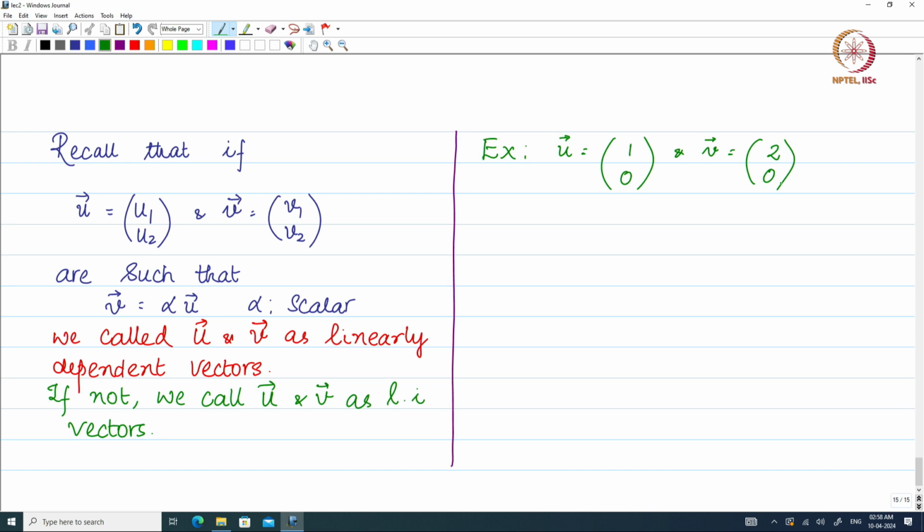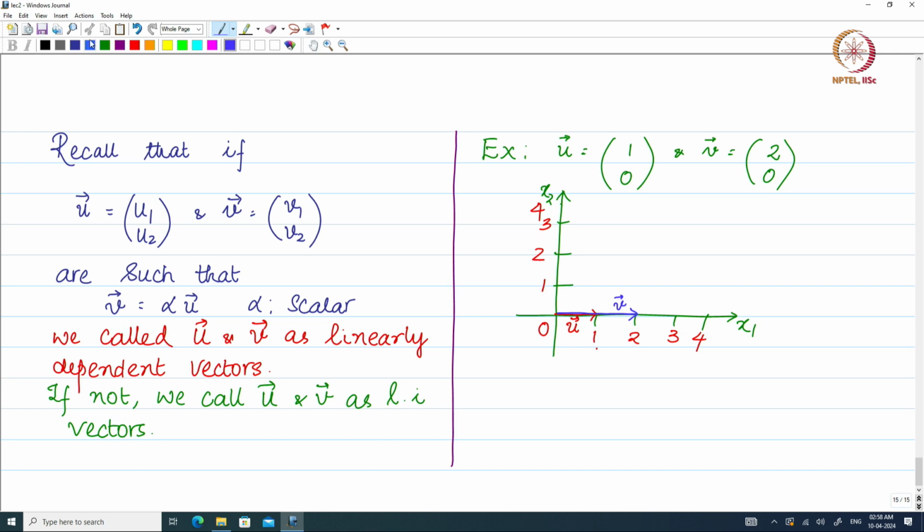These are two vectors on the E1 axis, or the x1 axis, and this is the x2 axis. So, the vector 1 0 is this vector, this is the vector u, and the vector v is 2 0, which is here.